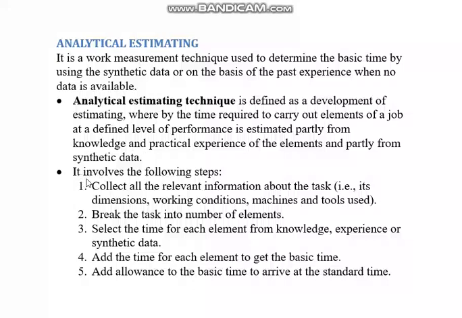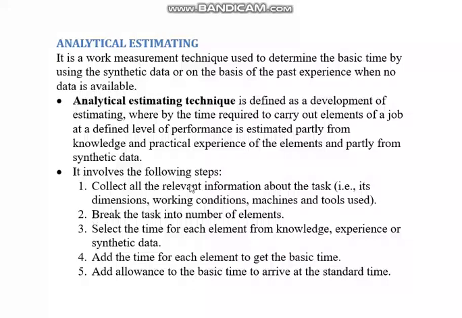Now here are the steps that are followed in analytical estimating. First, collect all the relevant information about a task. That means what are the dimensions, what are the working conditions, what are the machines, and what are the tools that are used for performing that task.